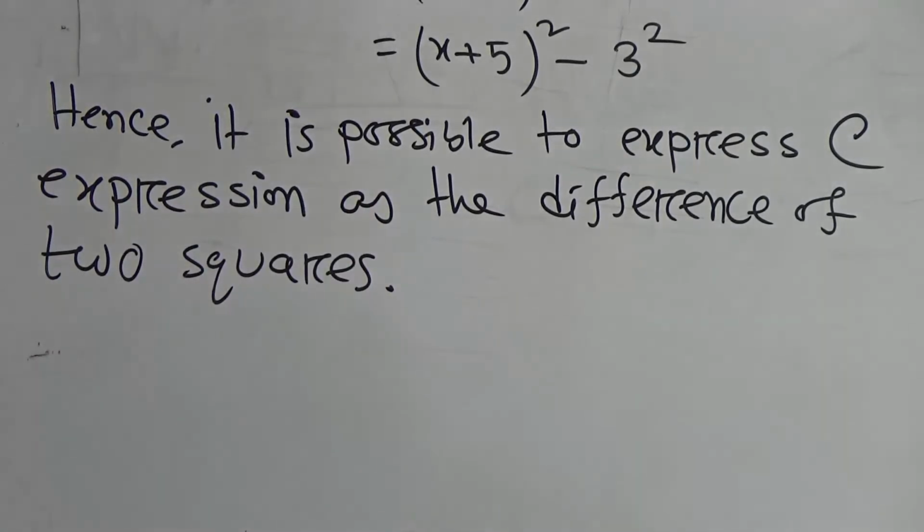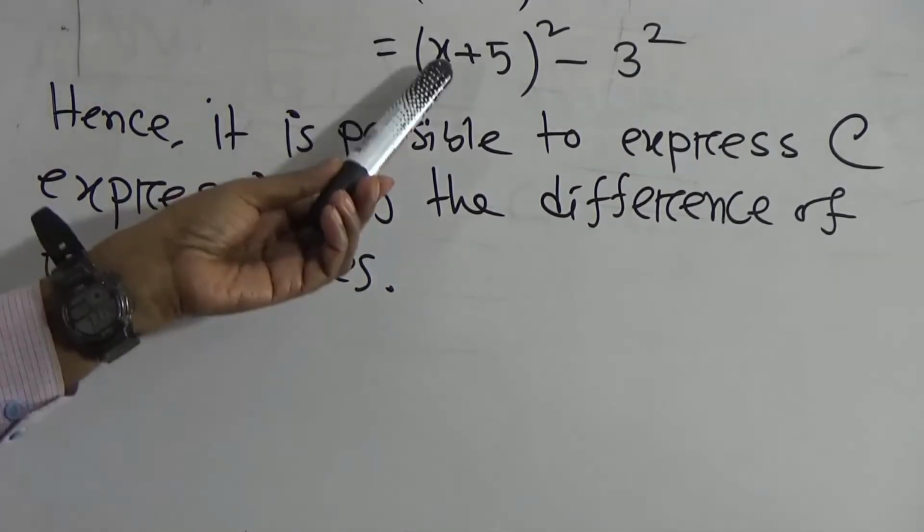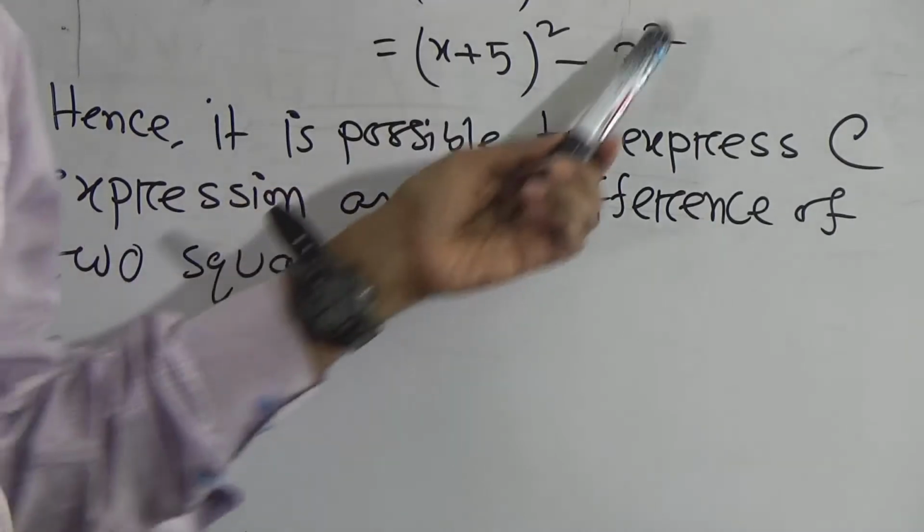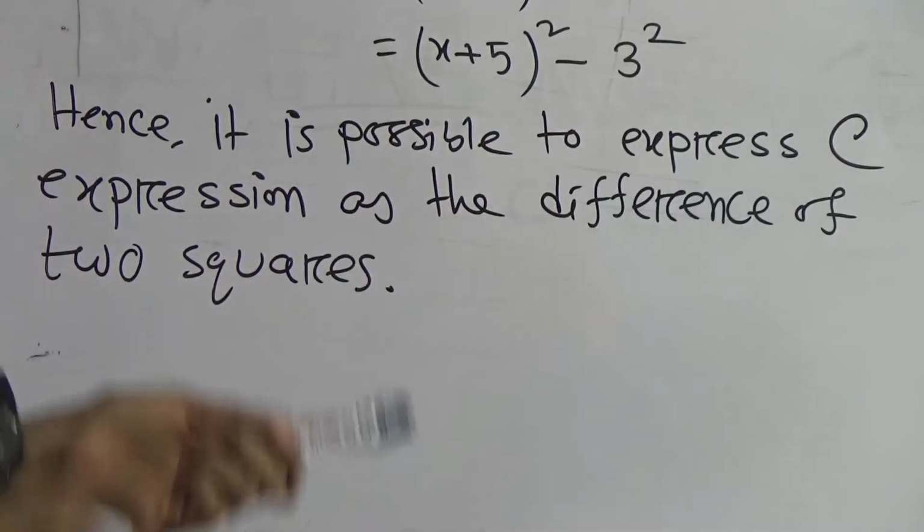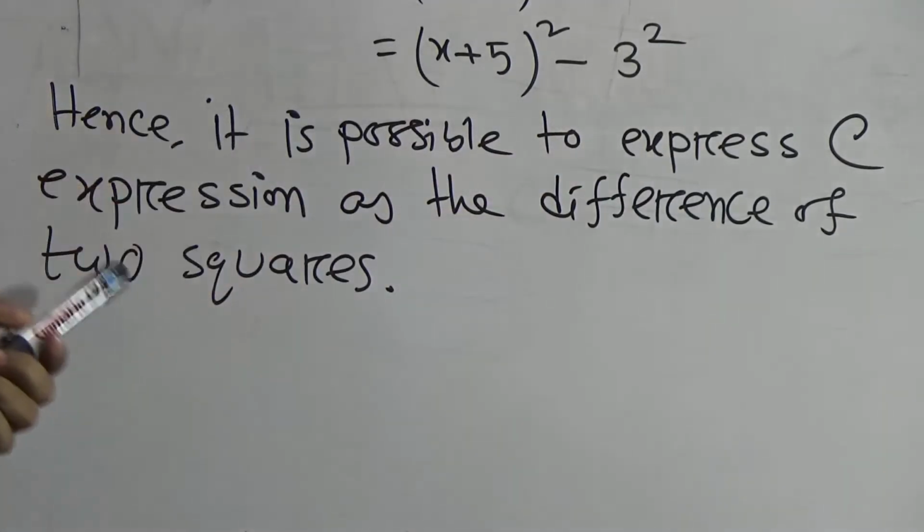Okay, so this is possible. You see, x plus 5 is one square and 3 is another square. So it is possible to express C expression as the difference of two squares.